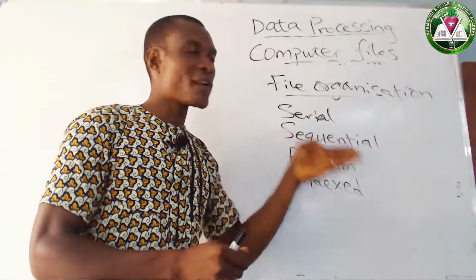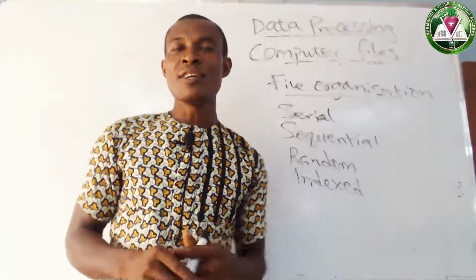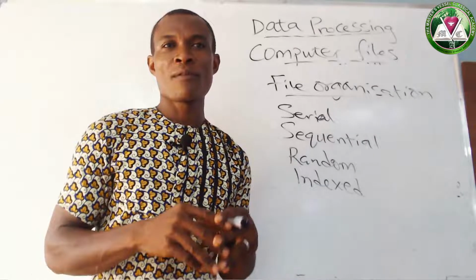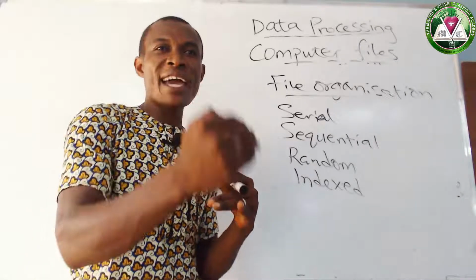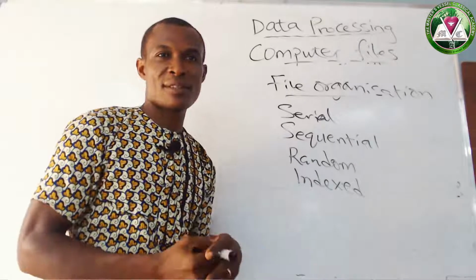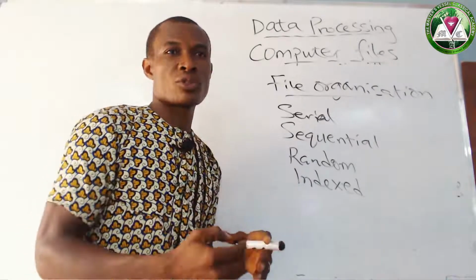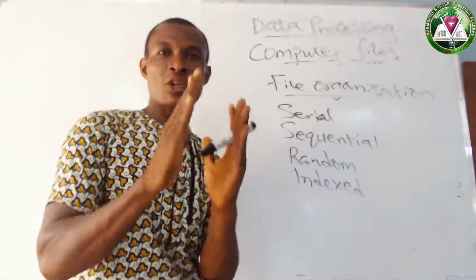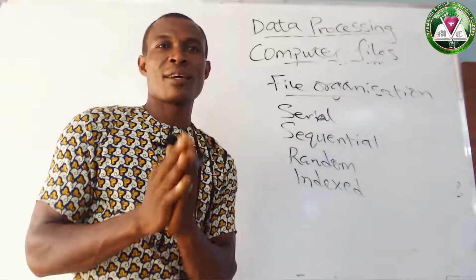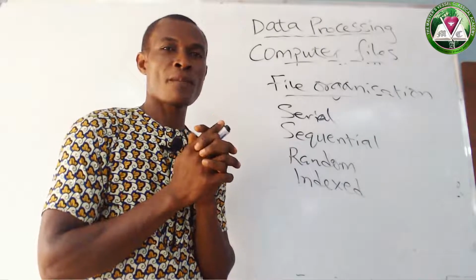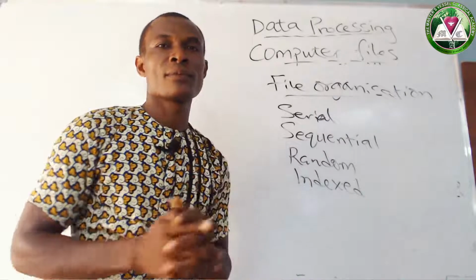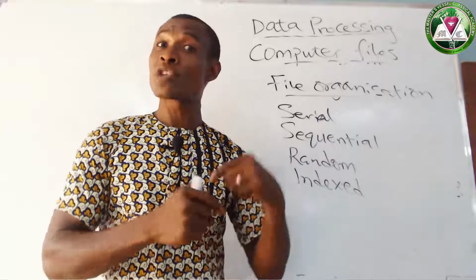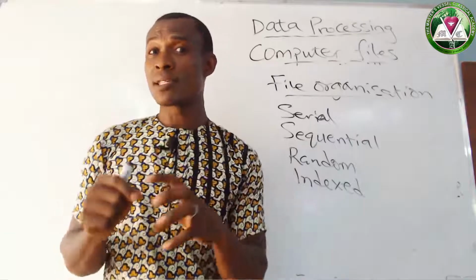Then sequential file organization is stored serially but following a defined or fixed record order. There is a particular order in which such files can be stored. For example, remember that we are talking about storage on a disk.